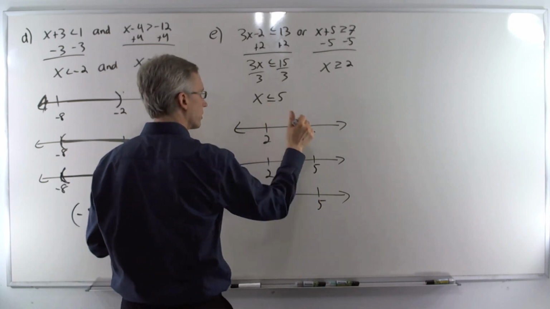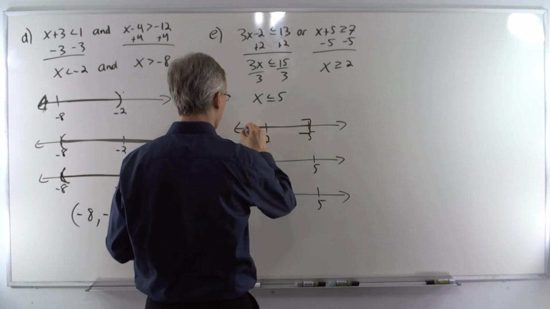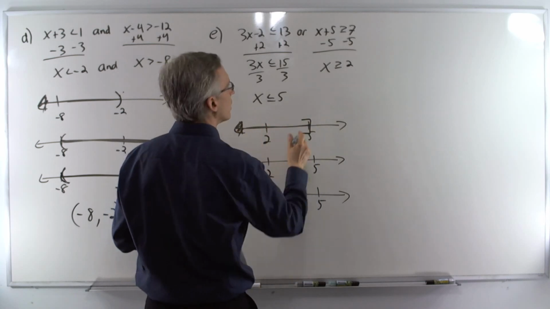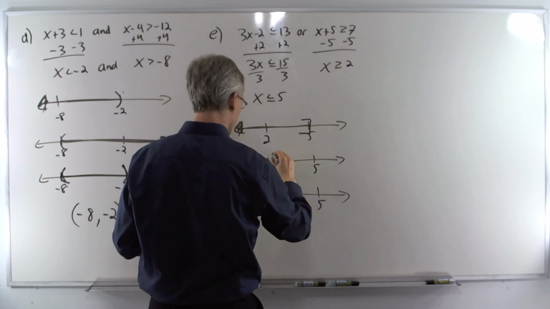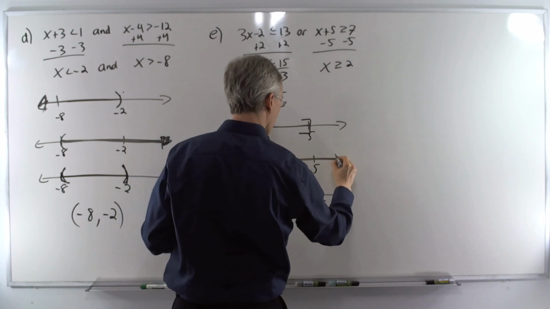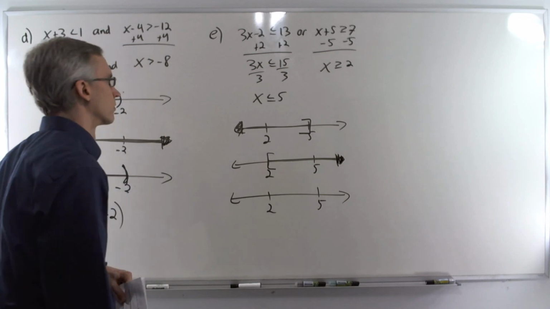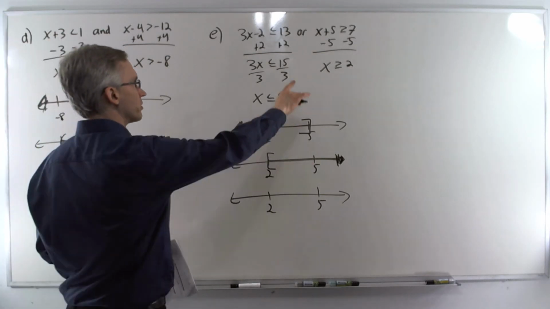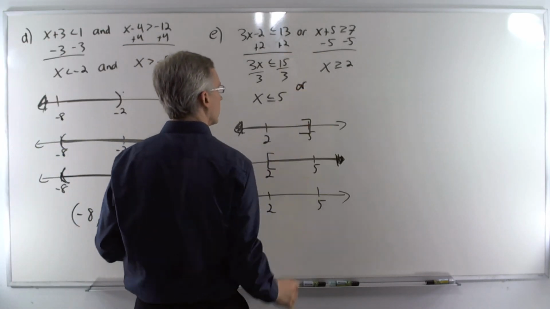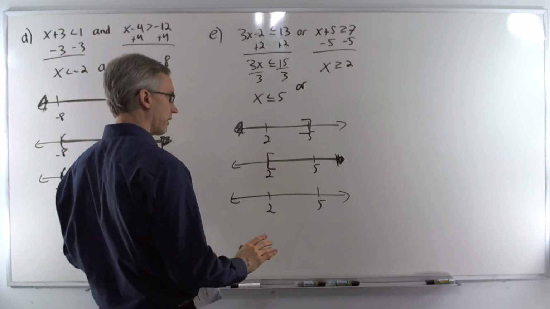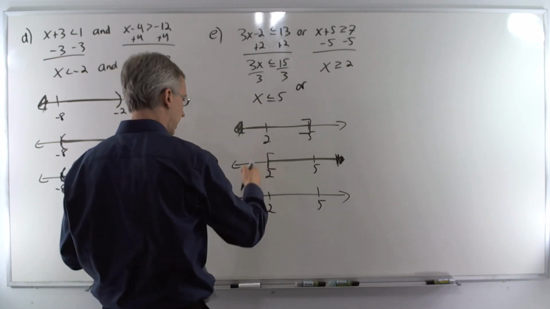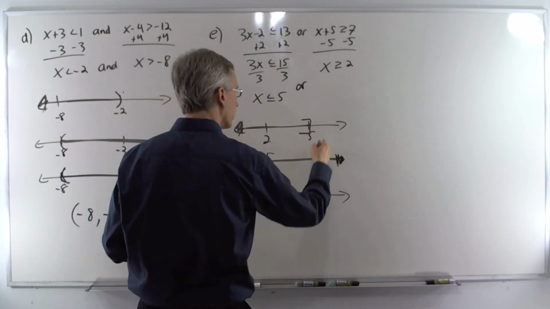Okay, less than or equal to 5. So we got the bracket there all the way to the left. Greater than or equal to 2. And now we're doing the union. We have an or. So it could be in either one. Anywhere we have at least one graph, we're good. So we have one here, we have two here, and we have one here.